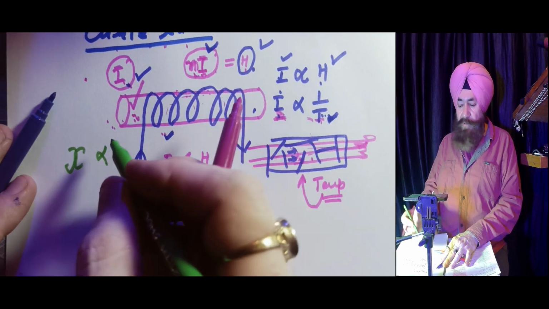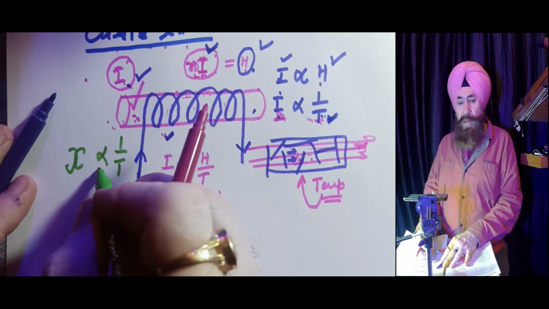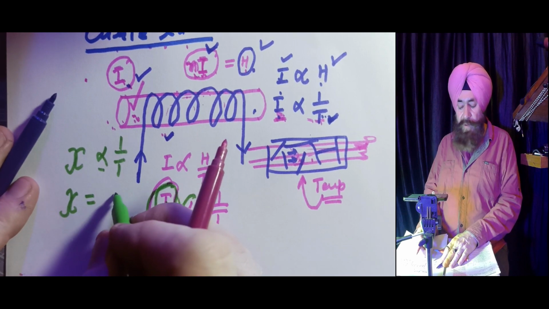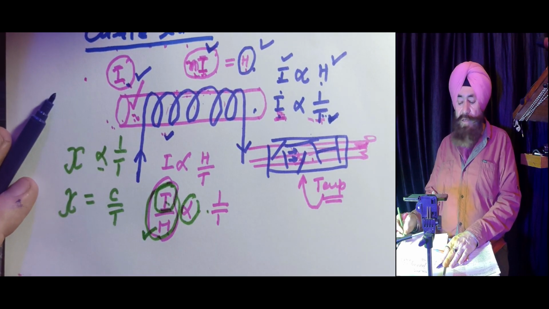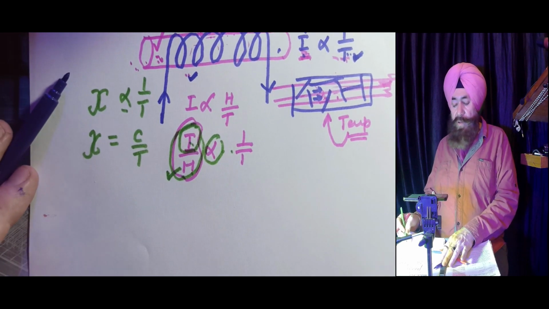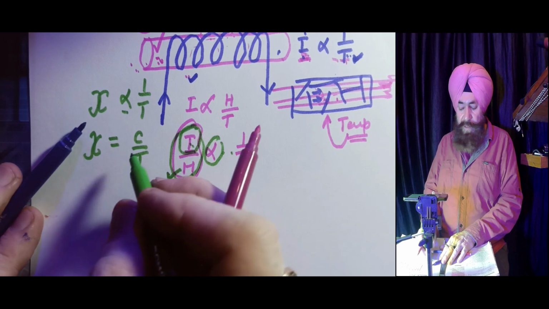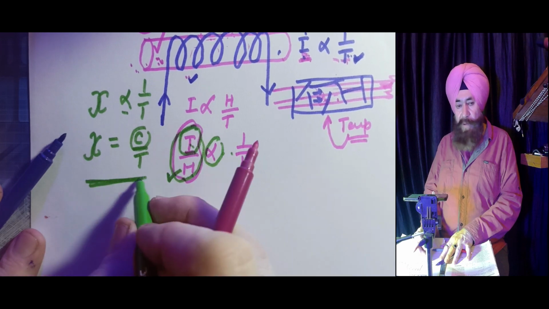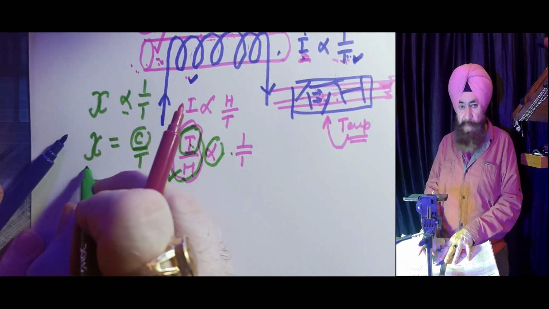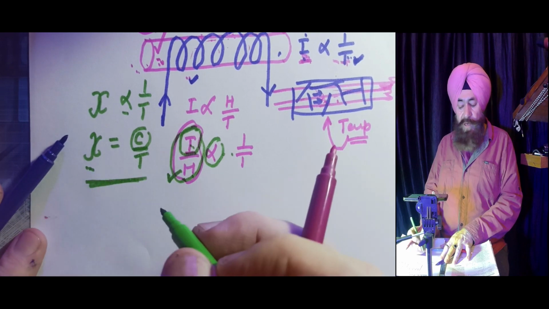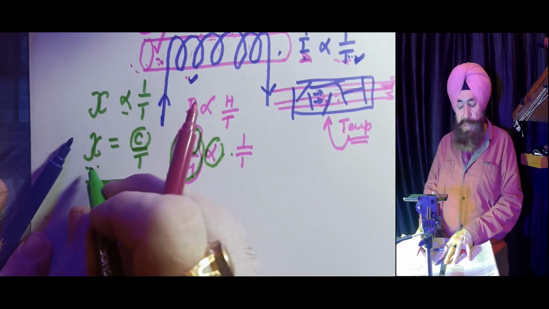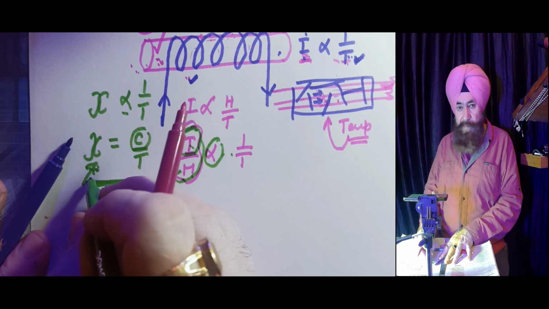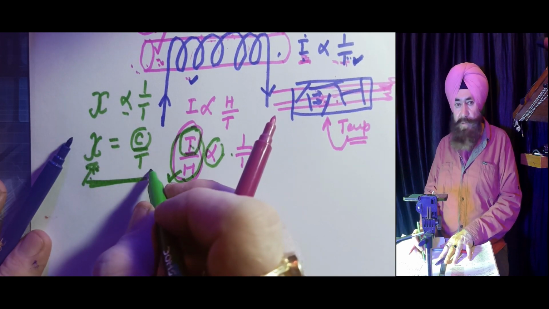Susceptibility is proportional to 1 over T. Replacing the proportional sign by a constant, it becomes C over T, where C is a constant called the Curie constant. So for paramagnetic and ferromagnetic materials, susceptibility depends not only on the material, it is also a function of temperature.